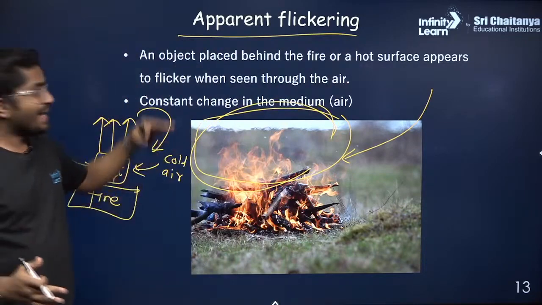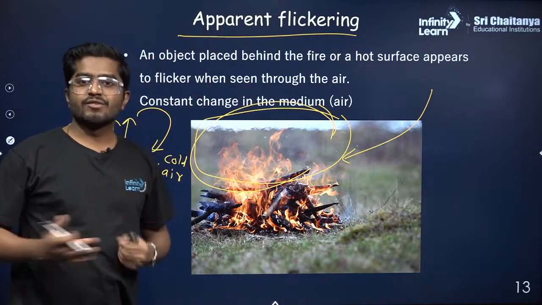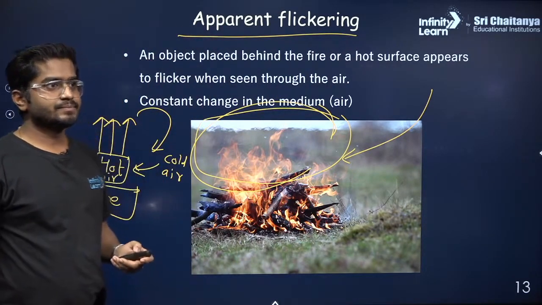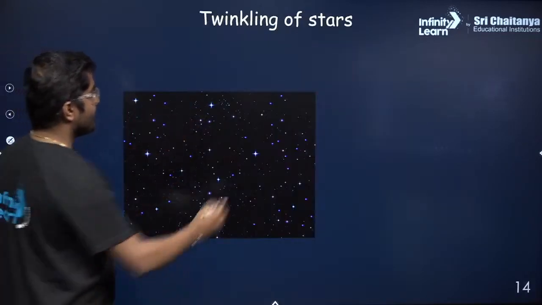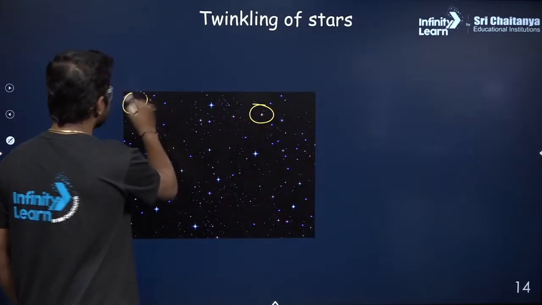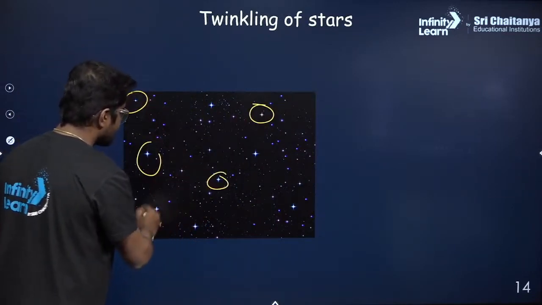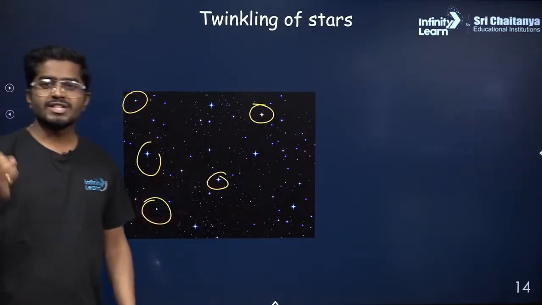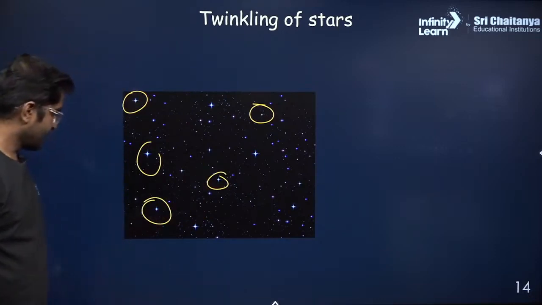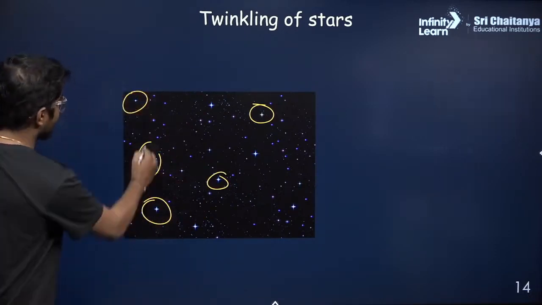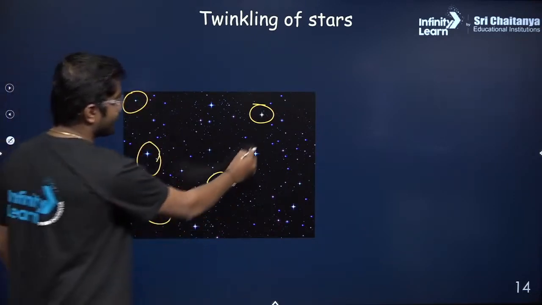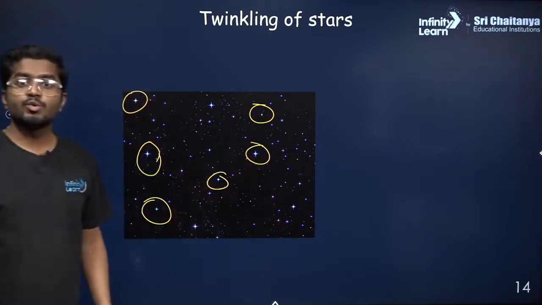So do you know a direct example or direct application of this apparent flickering? Okay, I'll tell you the application. Have you seen in the sky some stars which are constantly twinkling? So do you know the reason why some stars are twinkling? There are some stars, for example this one or this one, they are not twinkling.